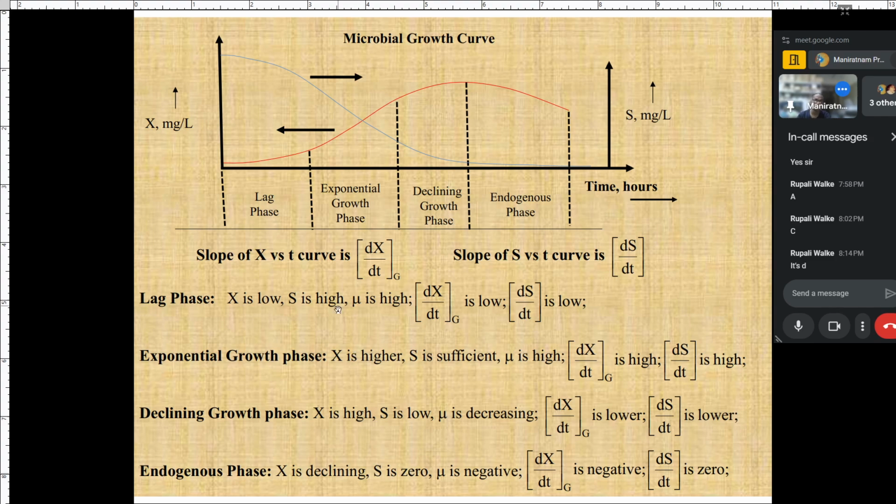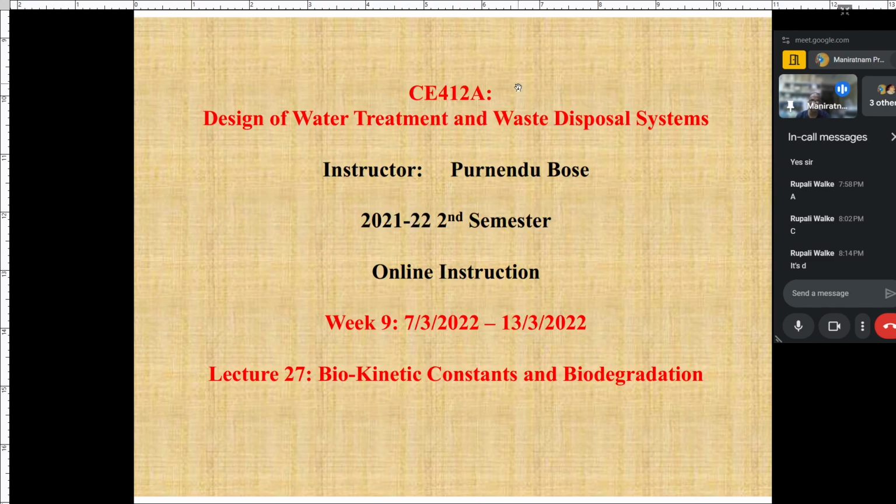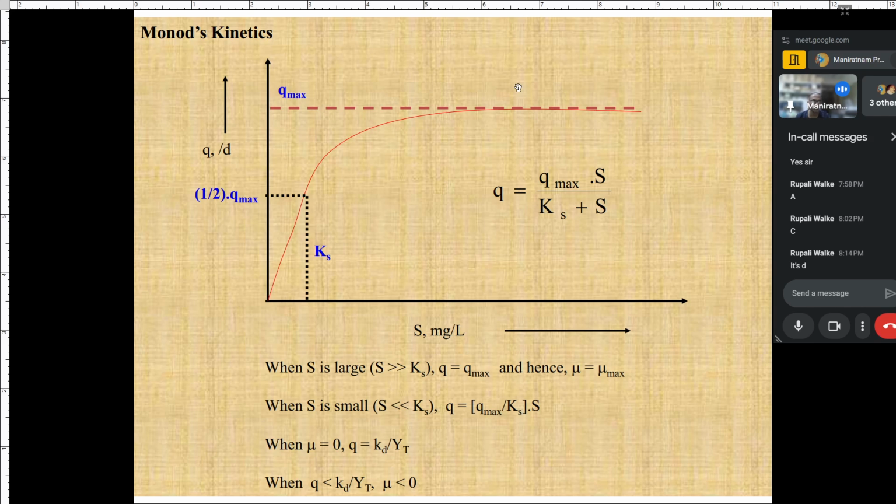Just take a screenshot of this also. Remember, there is one famous kinetics. We know first order, second order, third order, but generally that system won't work here. So we have a different type of kinetics, that is Monod kinetics.